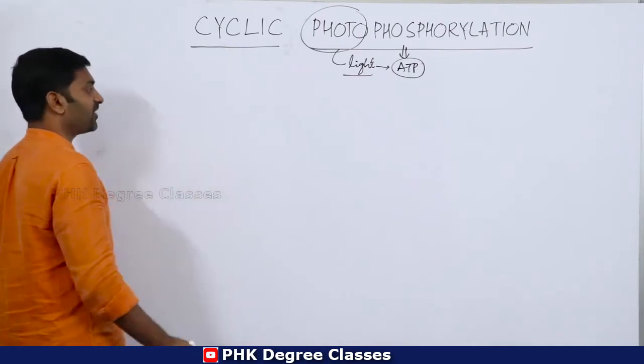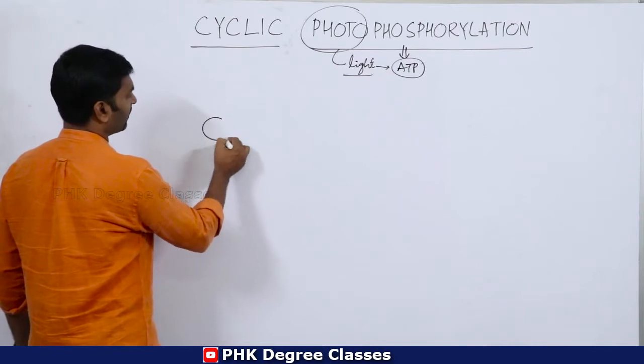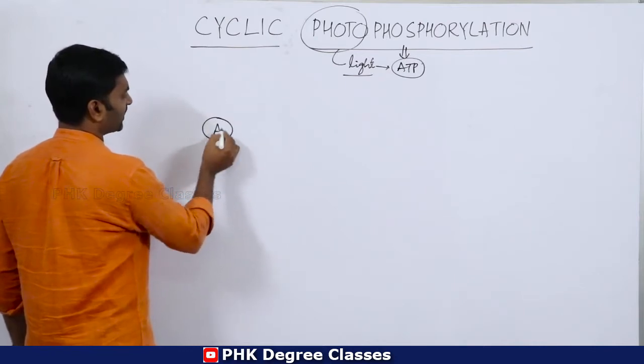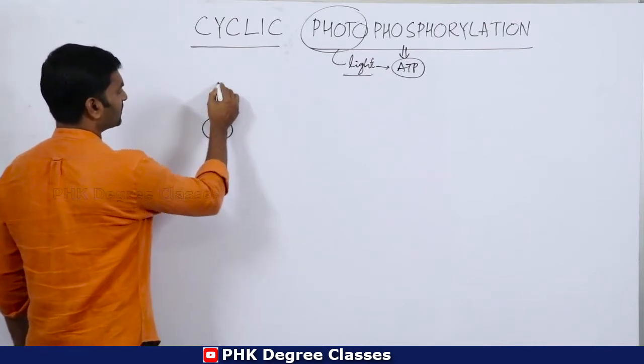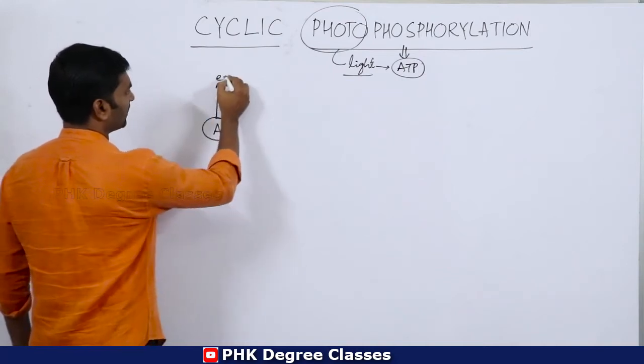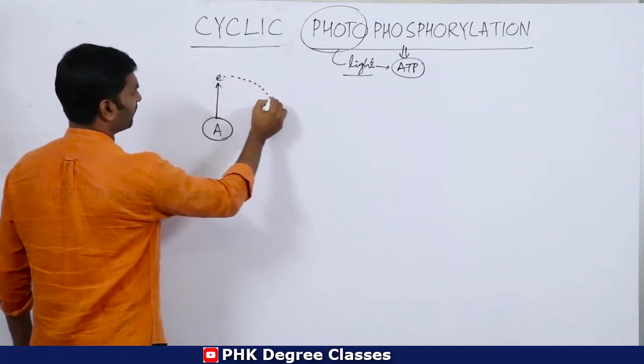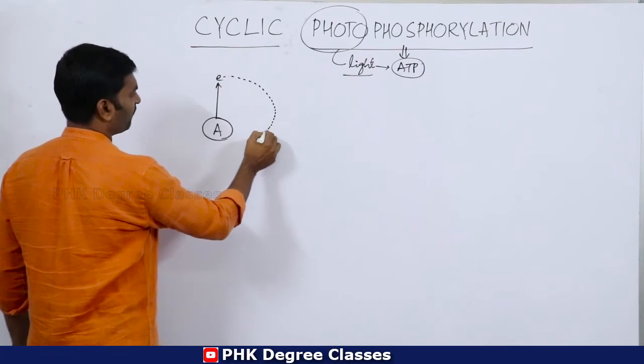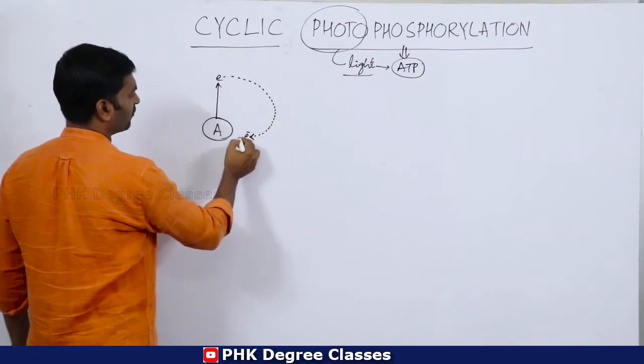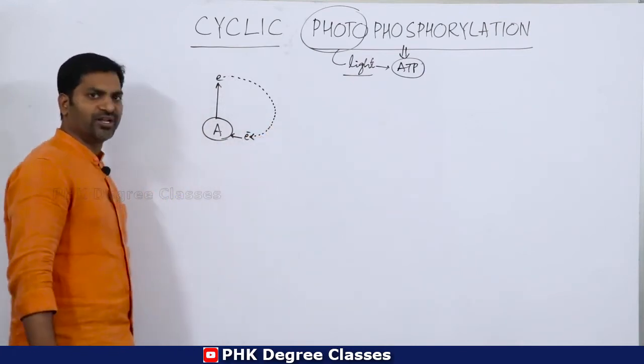Cyclic manner means what? For example, this is substance A. It loses electrons. These electrons move through different complexes and finally the electron reaches complex A only.